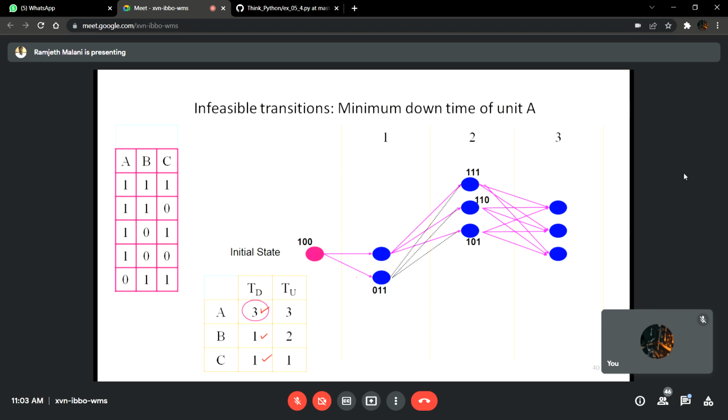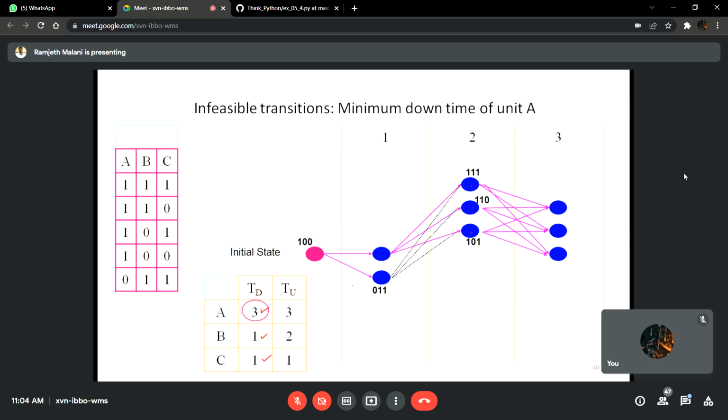If we go through this path, then unit A is on here. In this state, unit A is off, right? Again, to move to any of these three states, unit 1 has to be turned on again.